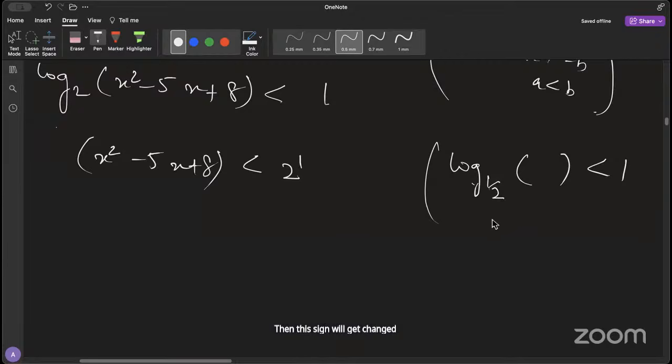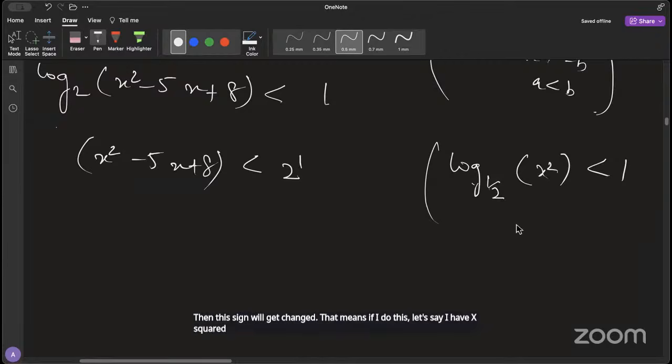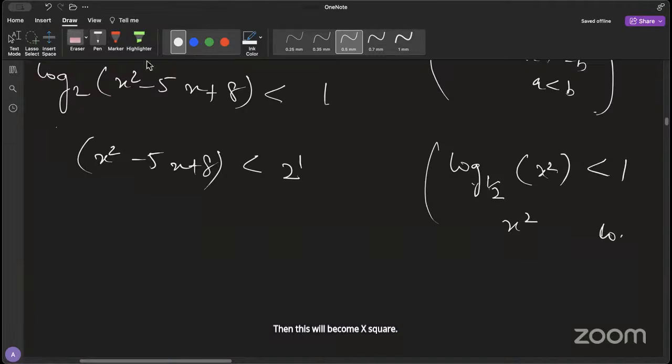That means if I have x square here, then this will become x square, log half to the power 1, and this sign will change. So when you have base between 0 and 1, the inequality changes when you're removing the log, and when you have base greater than 1, the inequality remains the same.